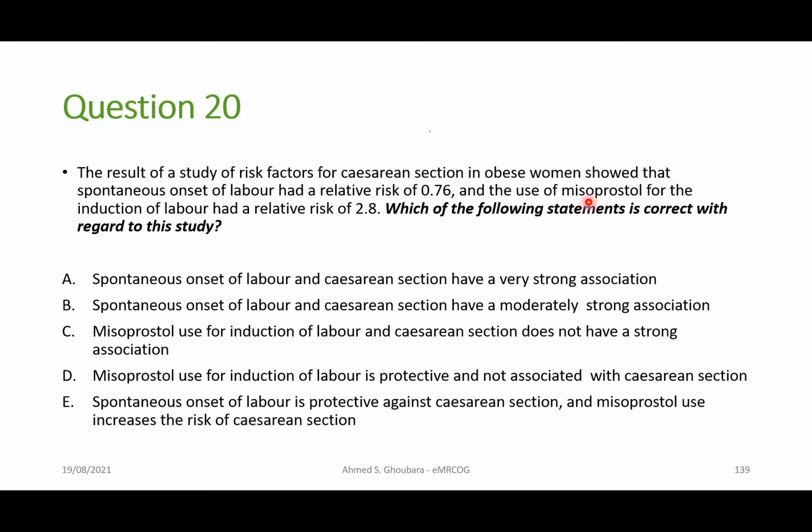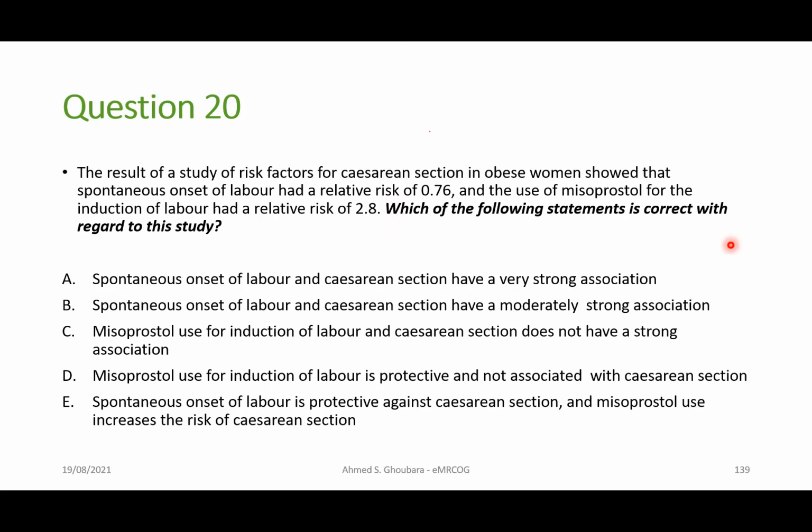But if you use misoprostol, the relative risk is 2.8, so it's higher in the exposed group than the non-exposed group. Ladies with induction of labor with misoprostol are 2.8 times more at risk than ladies without misoprostol for induction of labor. So they're more at risk of having cesarean section, right?